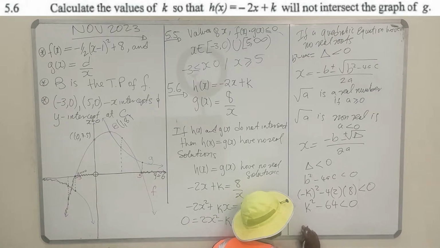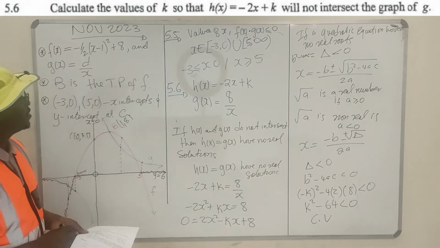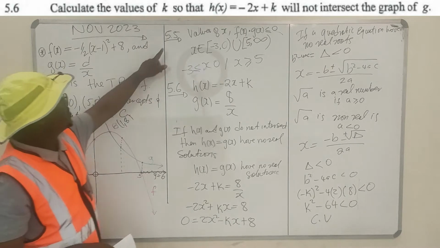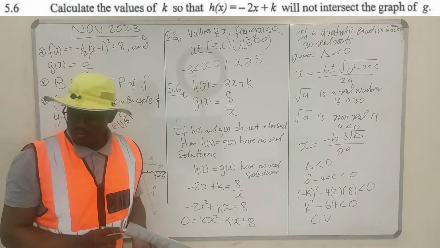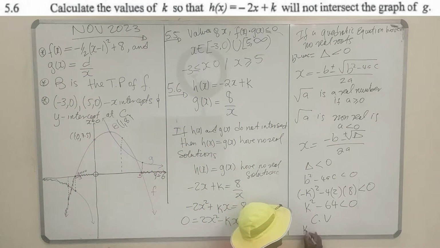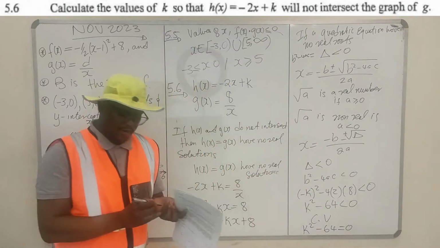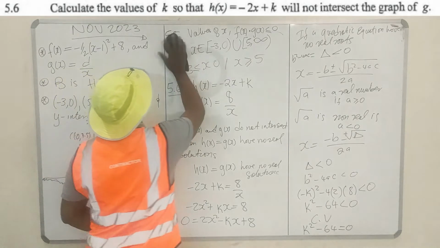So what do you do here? You find critical values from here. So I'm going to clean this part of 5.5. Hopefully I will have enough space. From those critical values, you can say k squared minus 64 is equal to 0, because we want the critical values.